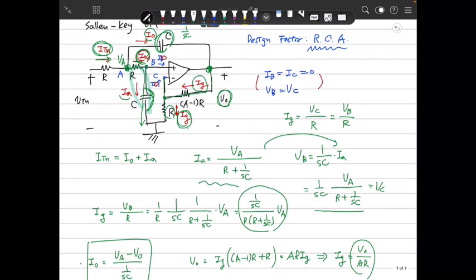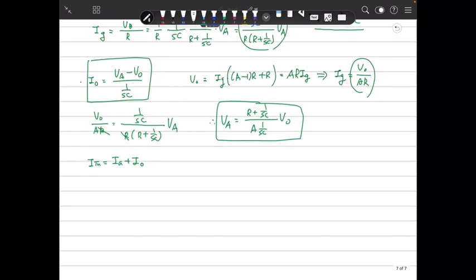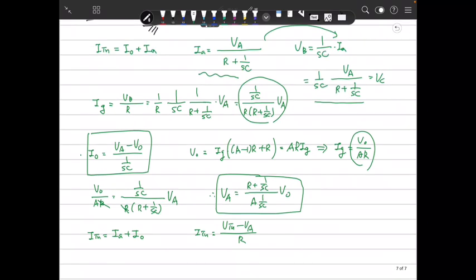Then I in is the voltage drop of R. So I in is V input minus VA divided by R. And for IA, we get a result, this is IA, and IO, this is I in.